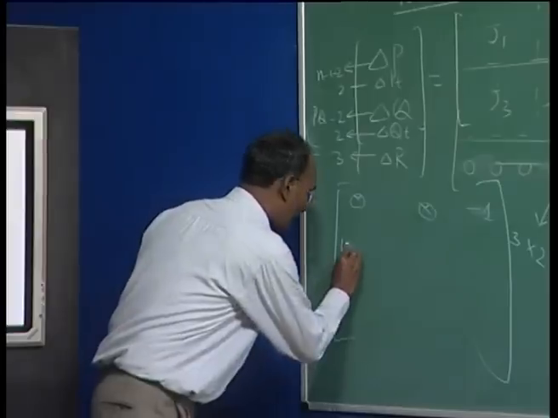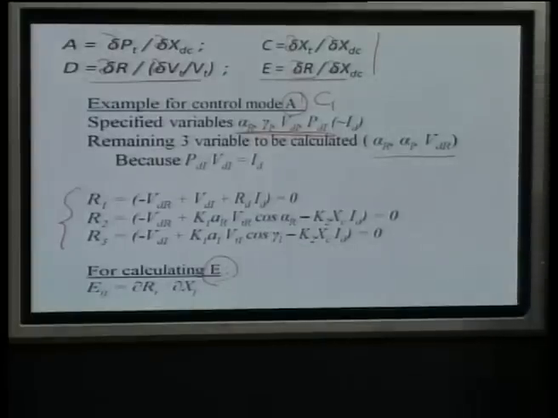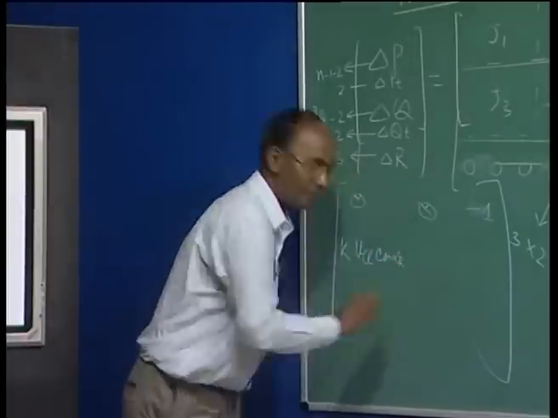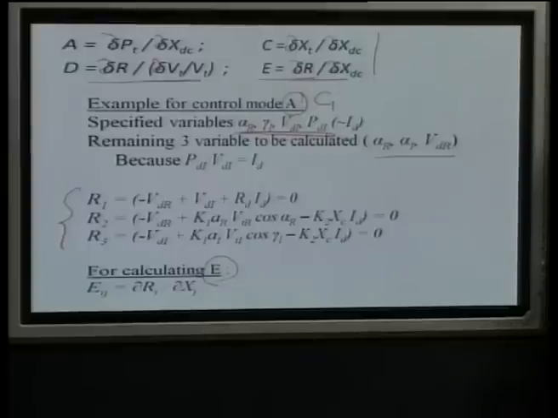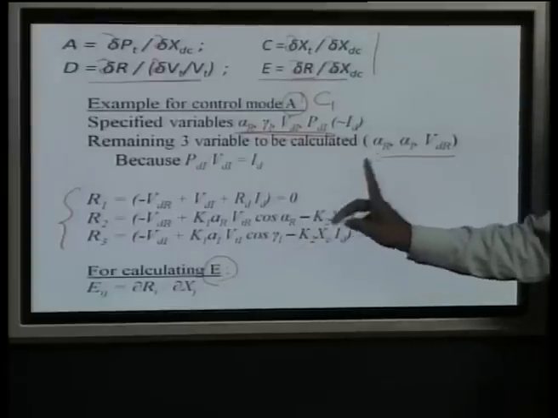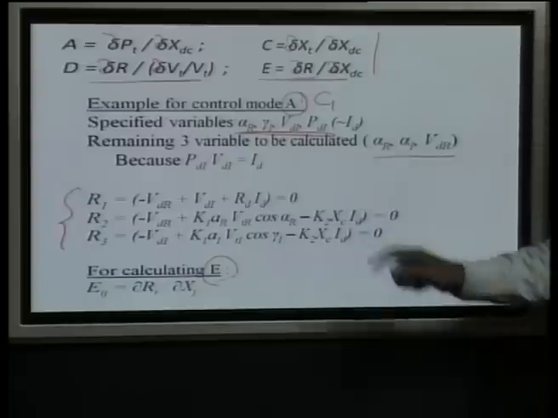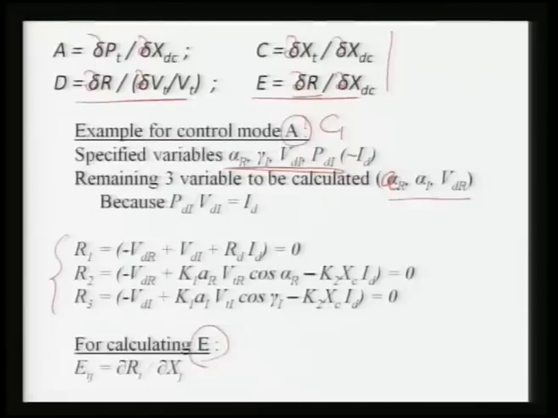So you are getting k VTR cos alpha r, plus this will be 0. No, this is alpha, we are taking A basically. It is actually a typing mistake, it is the alpha and A, basically a slight confusion. So this is your A, this is your AI.